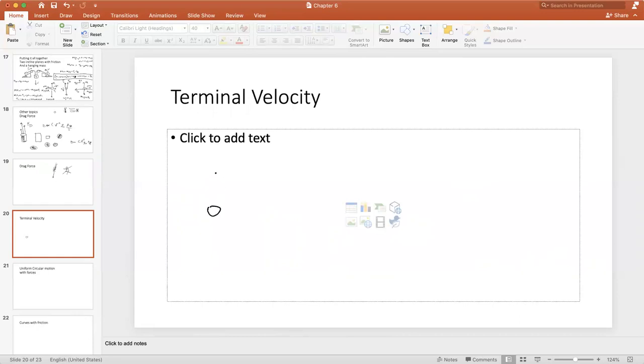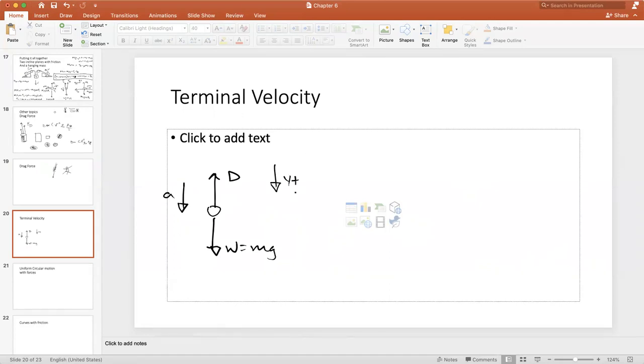If you're falling in free fall, you know that you have a weight, which is mg. And you have this drag force that acts in the opposite direction. We're going to say that a is down. We don't know what a is; it's not g. We're going to assume that y is positive down.